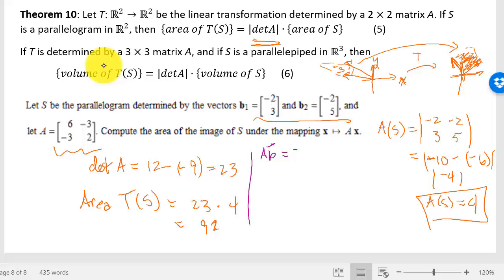Let's write that out. Negative 12 minus 9, that's negative 21. Oops, this should be 21. Sorry. So let's try that again.